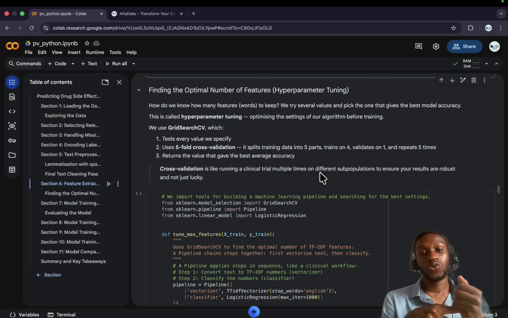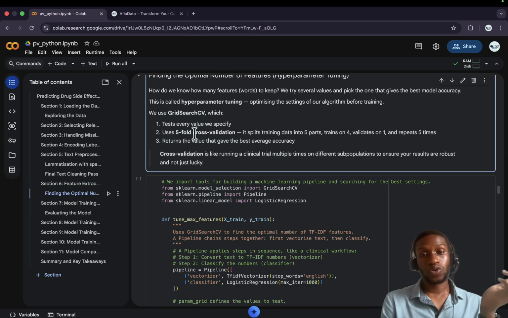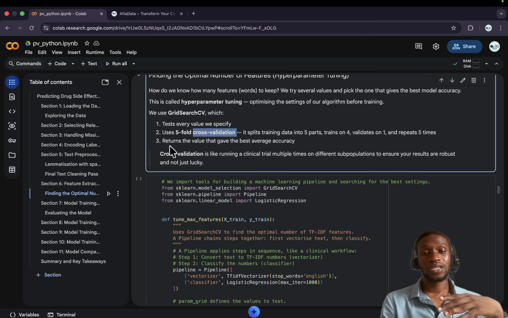So we use GridSearchCV, which tests every value we specify and uses 5-fold cross validation, where it splits the training data into 5 parts, trains on 4, validates on 1, and repeats the step 5 times. I might go a little deeper into cross validation in other sessions. It returns the value that gave the best accuracy.